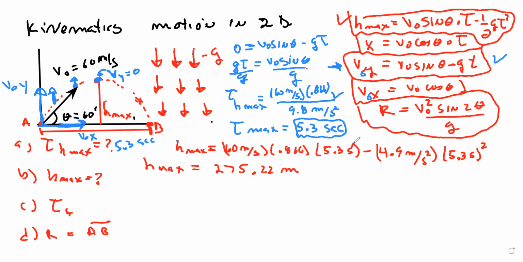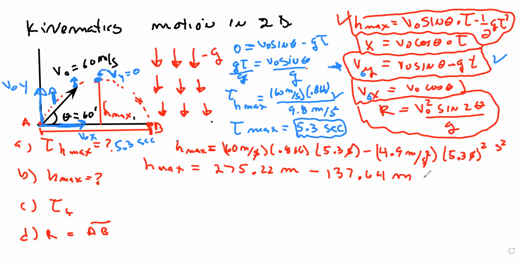Okay, because seconds are going to cancel with seconds and you only have meters, minus, same thing here, second squared cancels with this second squared over here, and 5.3 squared times 4.9 is going to throw you 137.64, something like that, meters.